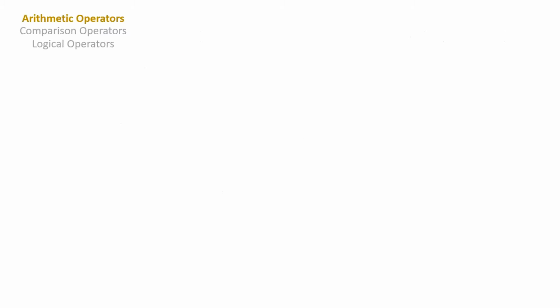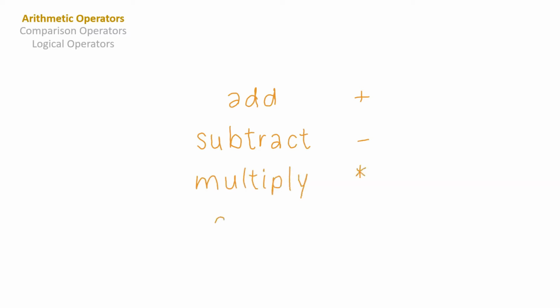These operators perform mathematical calculations on their operands. These include instructions to add or sum, subtract or find the difference, multiply, yielding a product, divide, giving a quotient, and modulo, which returns the whole number remainder upon performing division.